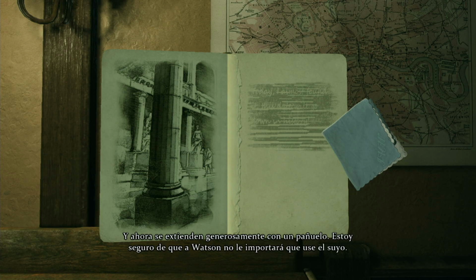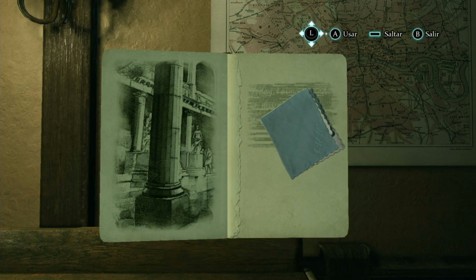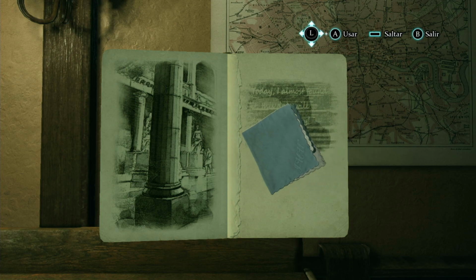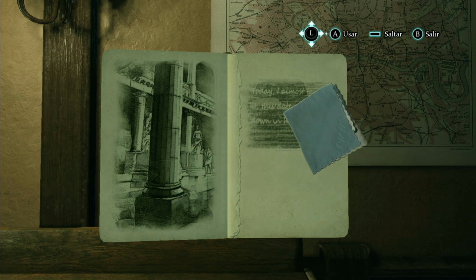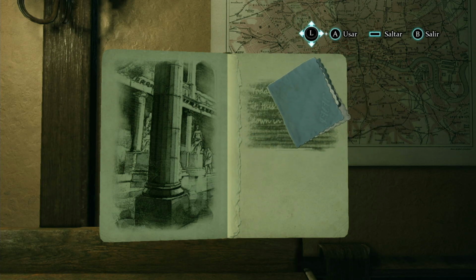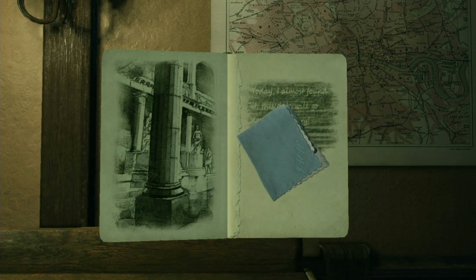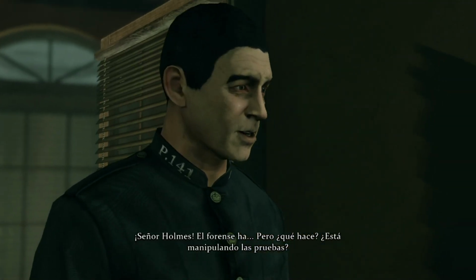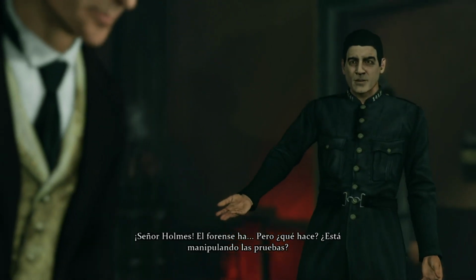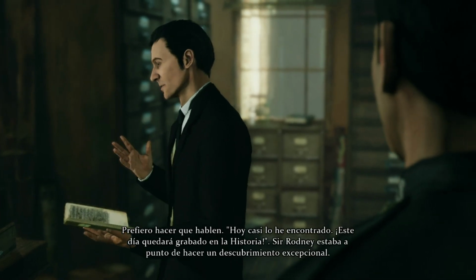I'm sure that Watson won't mind if I use his. Mr. Holmes, the coroner... But what are you doing? Tampering with the evidence? I prefer to make them talk.